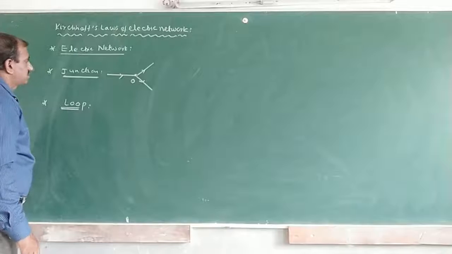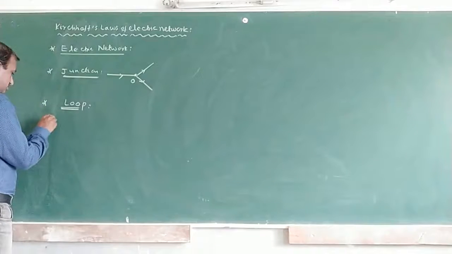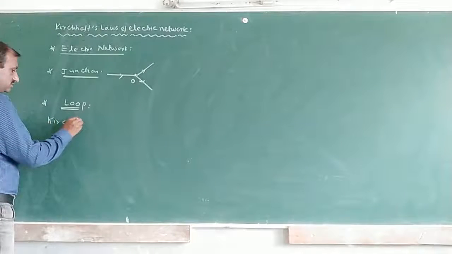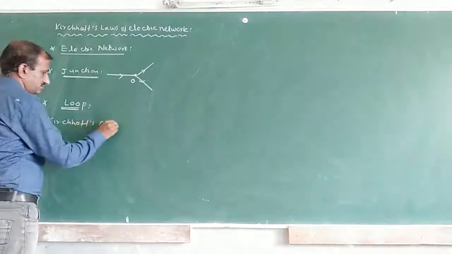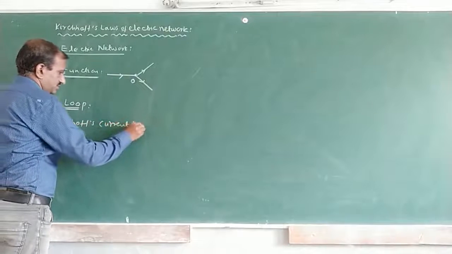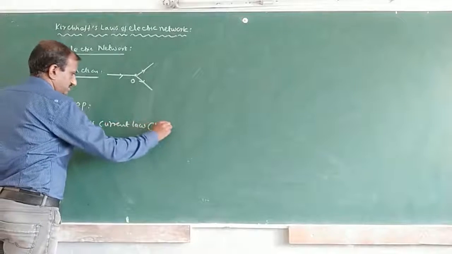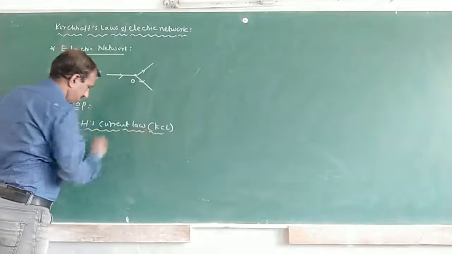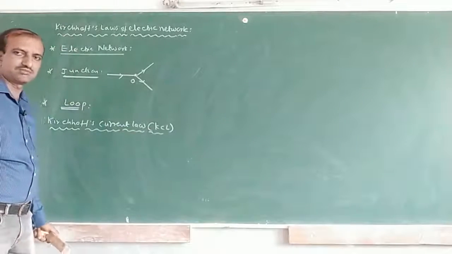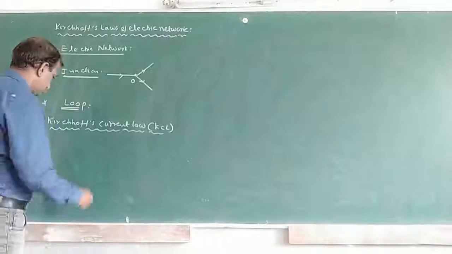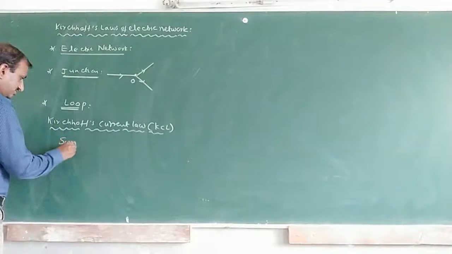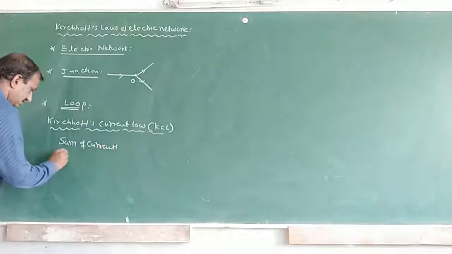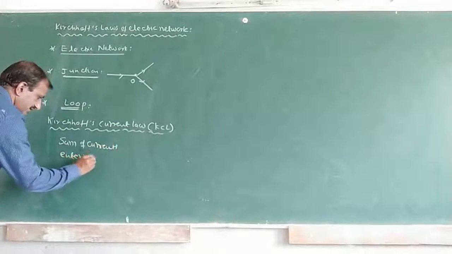First law of Kirchhoff. What says Kirchhoff current law? According to Kirchhoff's current law, the sum of currents entering a node or a junction is equal to the sum of currents leaving the junction.